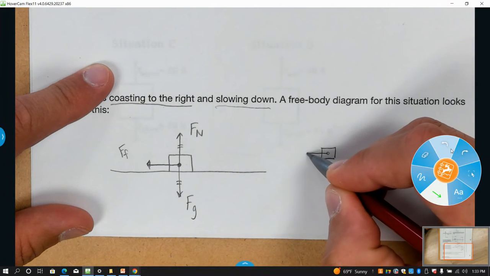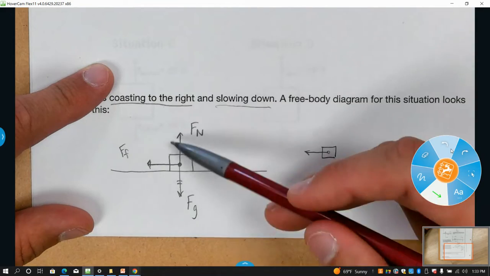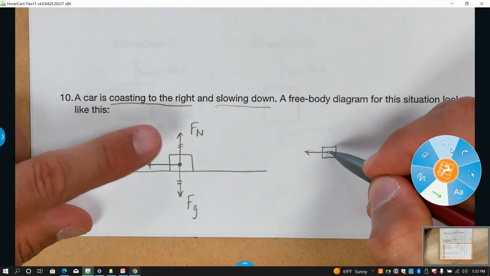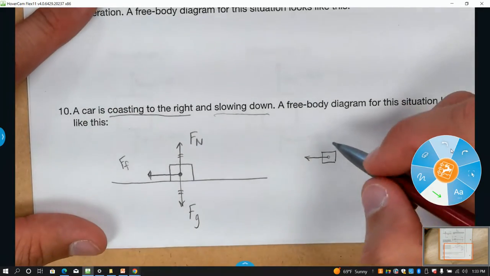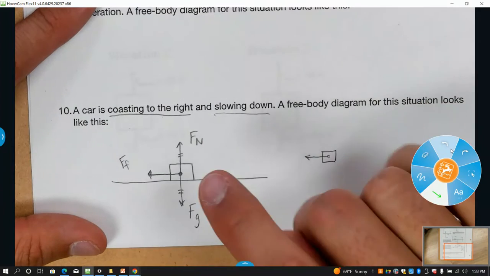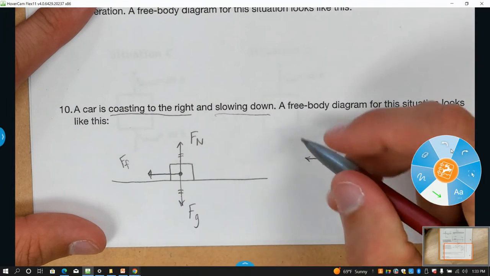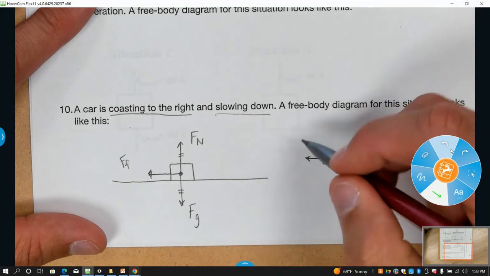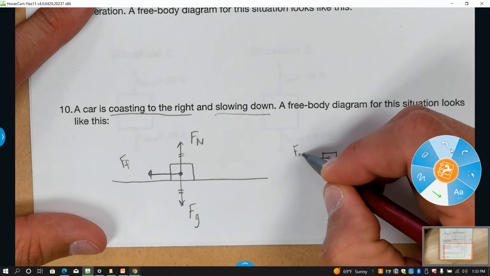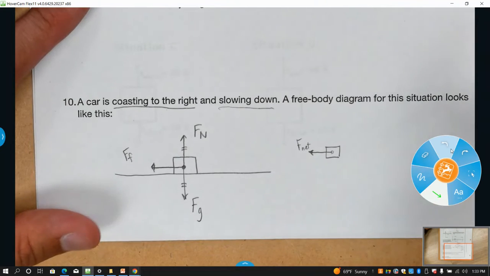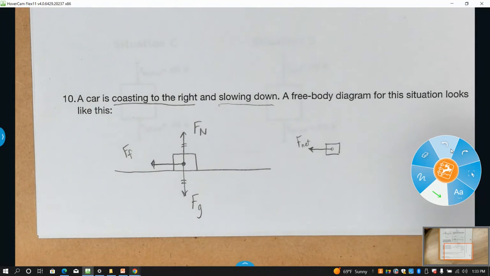Up and down are balanced. So what direction, what is the only other force remaining? Left. Right, yeah. So in this case, your net force would be to the left, which is causing an acceleration to the left. In this case, a deceleration, a slowing down.